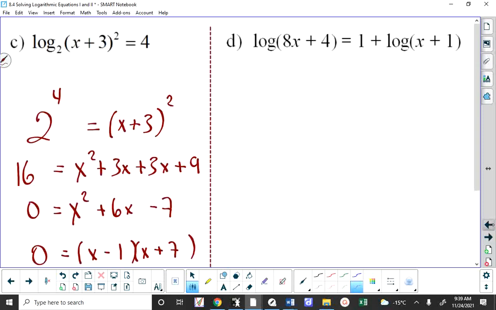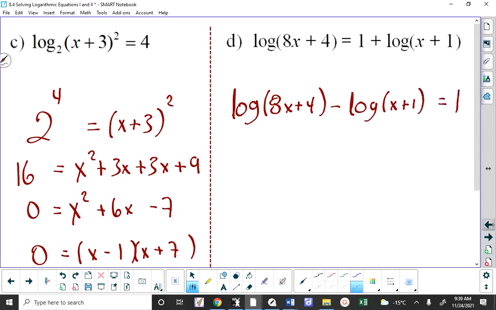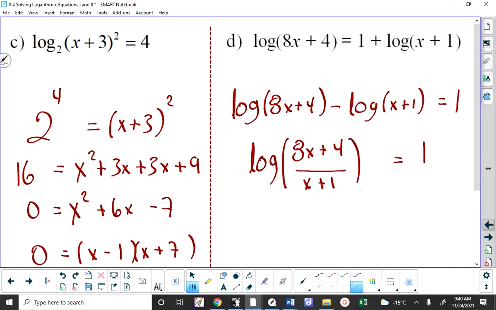So in this question, I can collect the logs on one side of the equation. So log of 8x plus 4 minus log of x plus 1 is equal to 1. And we end up with a single logarithm where the argument is 8x plus 4 over x plus 1 equals 1. And now we're going to rewrite it in exponential form.